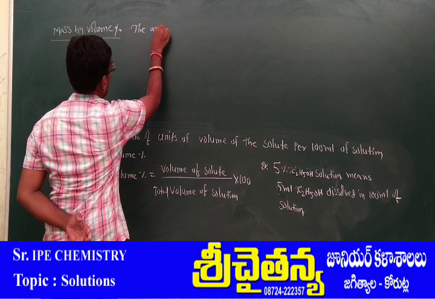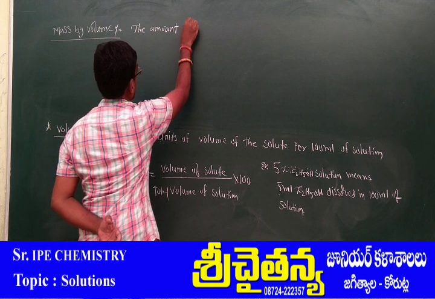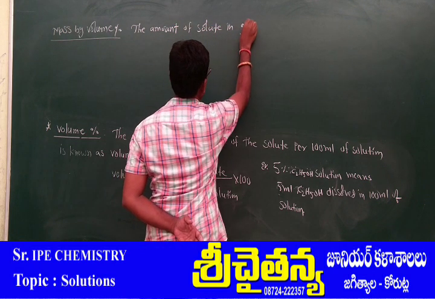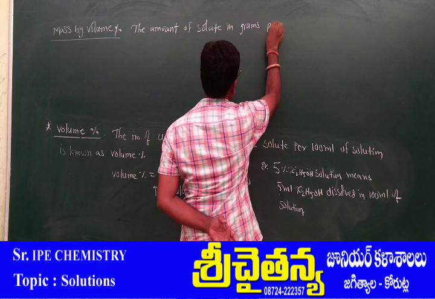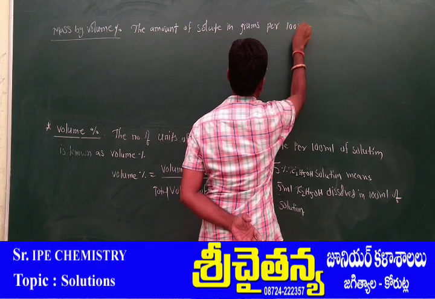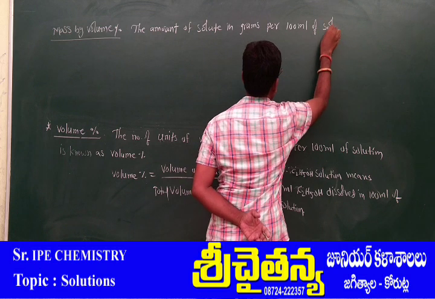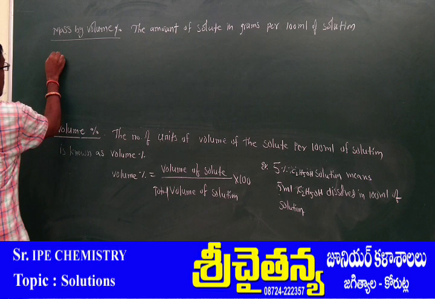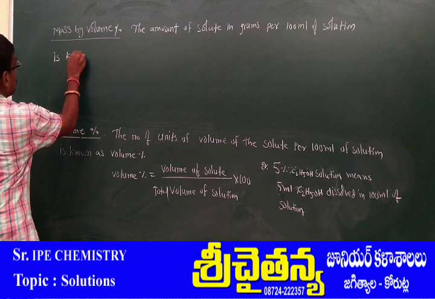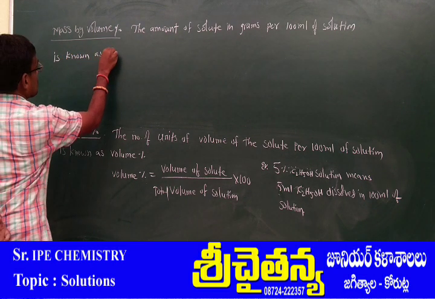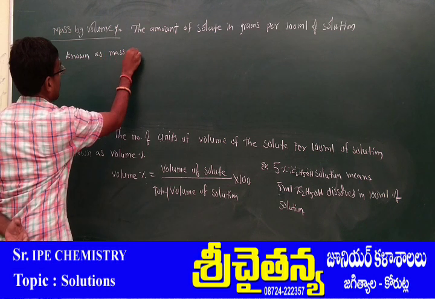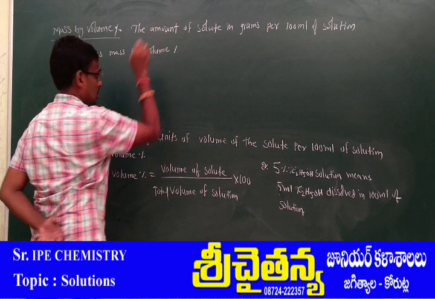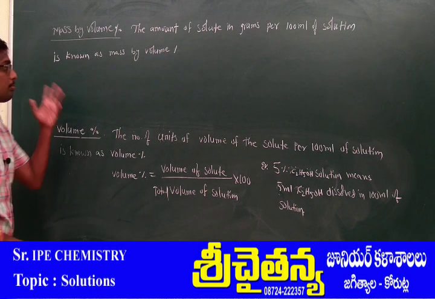The amount of solute in grams per 100 ml of solution is known as mass by volume percent.